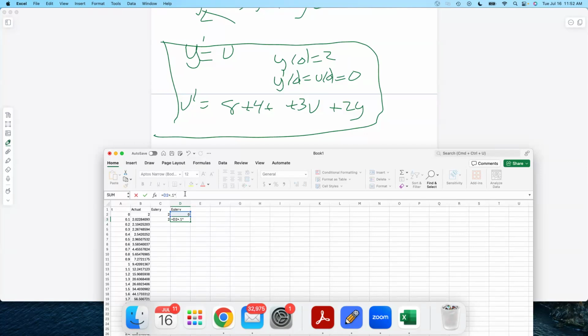I need a times, and then all this will be in parentheses: 8 plus 4 times my previous time plus 3 times my previous V right here plus 2 times my previous Y.